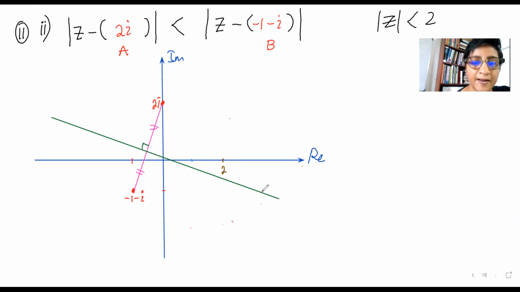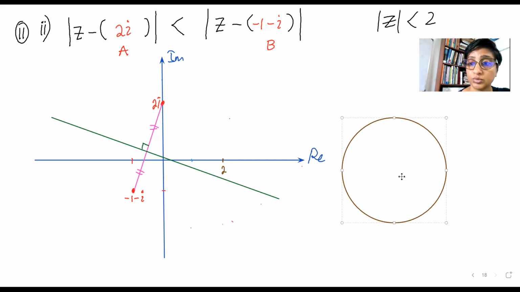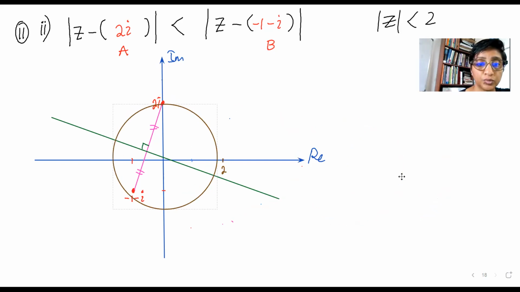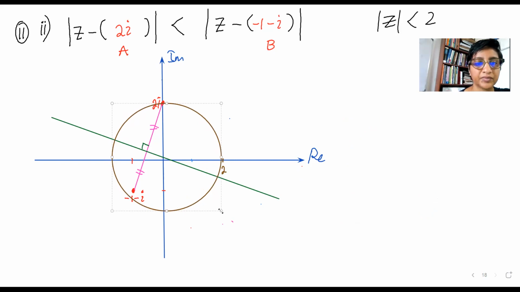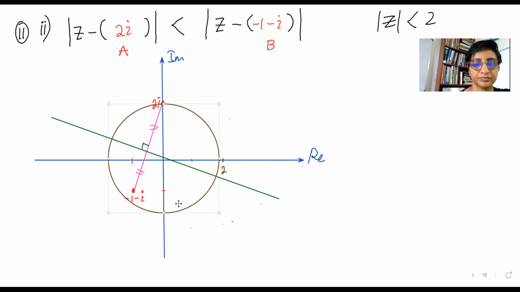No. So draw a circle around 0, like that, with radius 2.